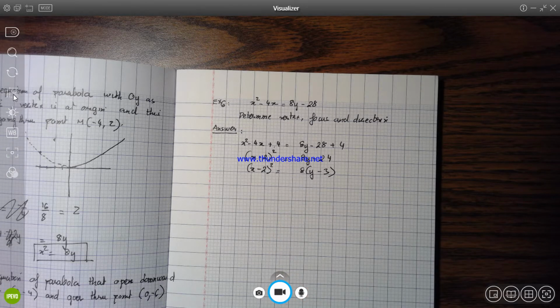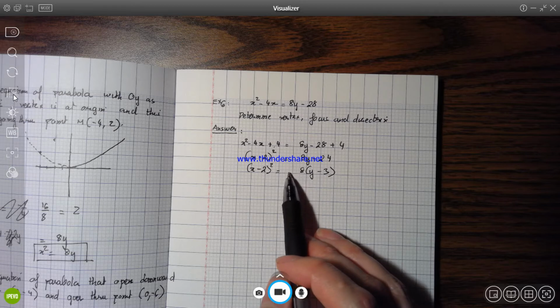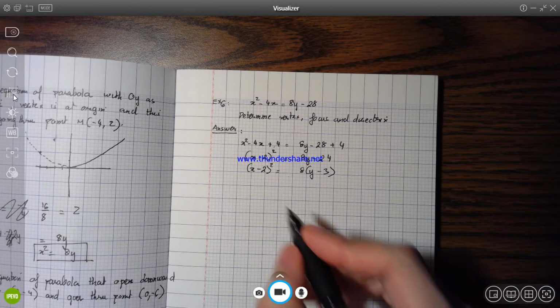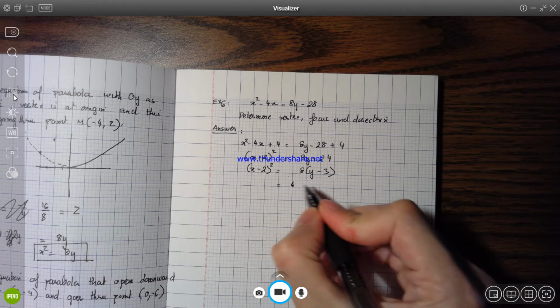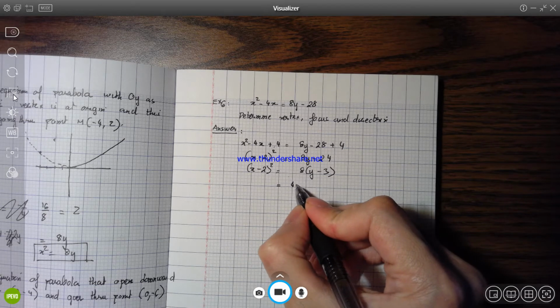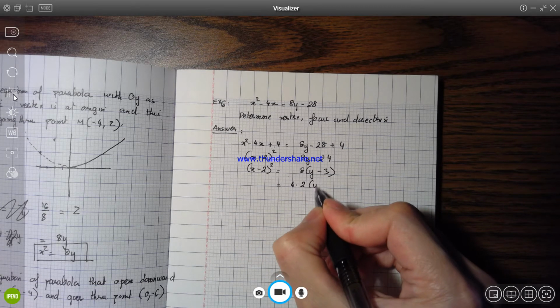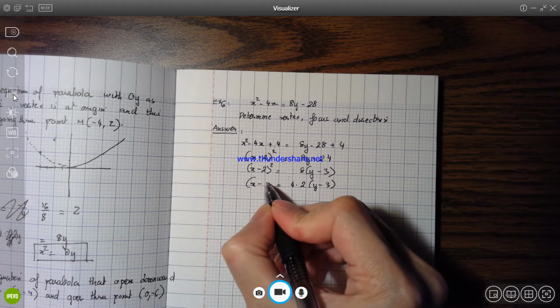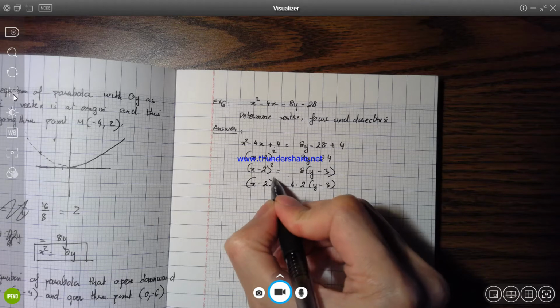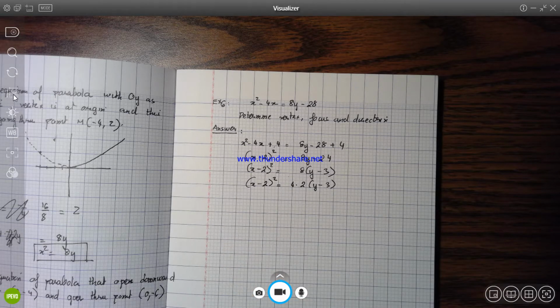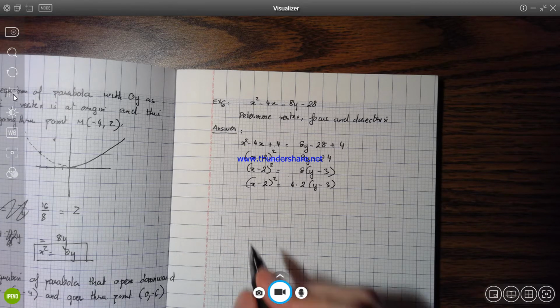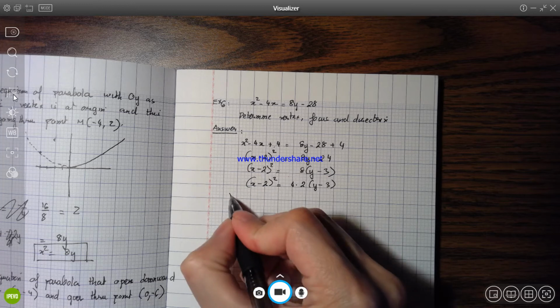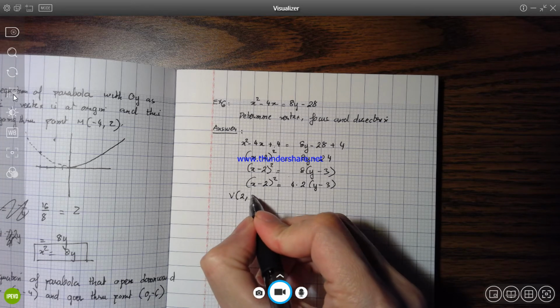It looks like this is opening up because this is positive, so I can rewrite it as 4p(y minus k), and over here (x minus h) squared. Then I can get the vertex is (2, 3).